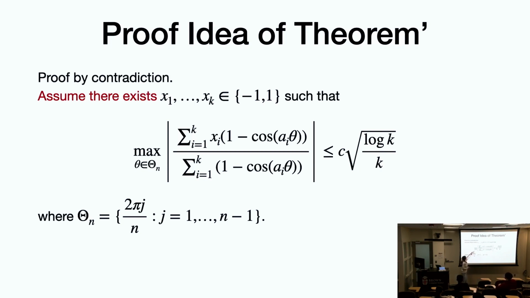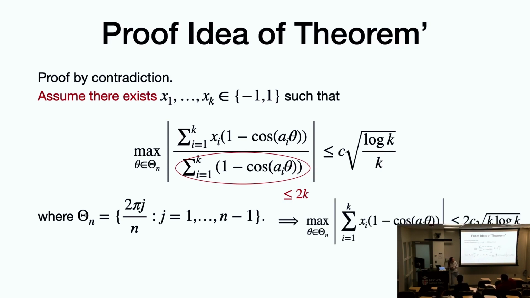Here the maximum is taken over all theta being 2 pi j over n for j from 1 to n minus 1. We observe the denominator is always upper bounded by 2k. Then this assumption implies there exist signs x1 up to xk such that the maximum absolute value of the numerator is upper bounded by 2c times root k times log k, where we multiply by this 2k.